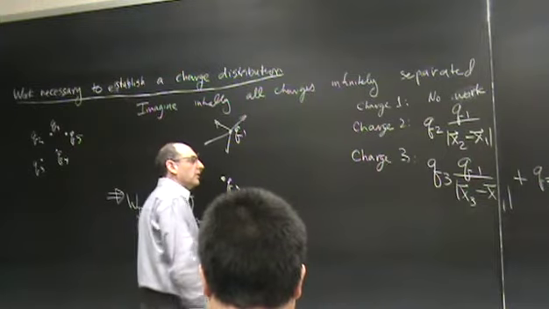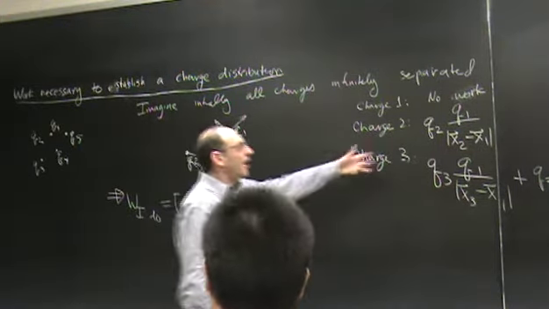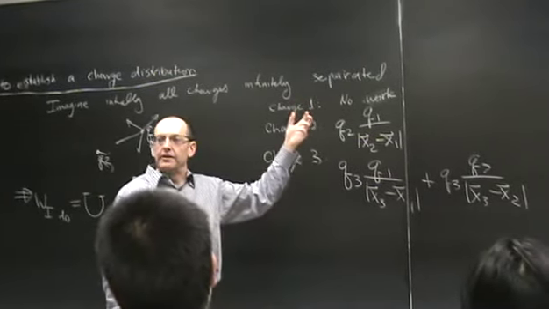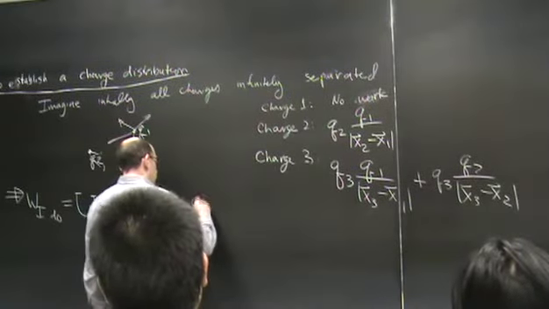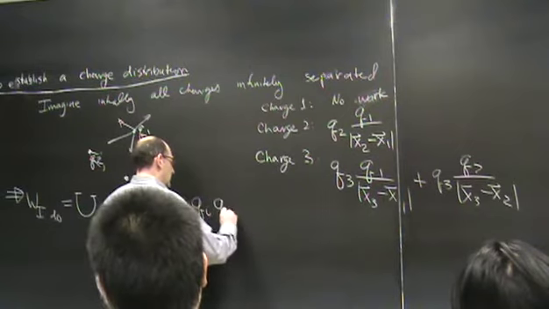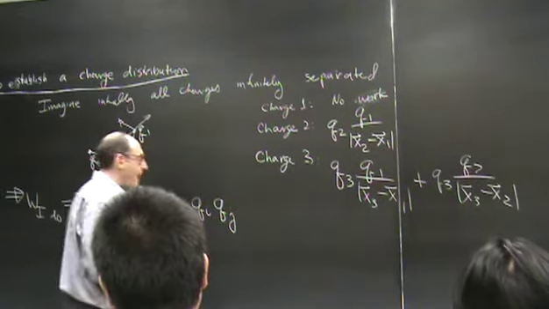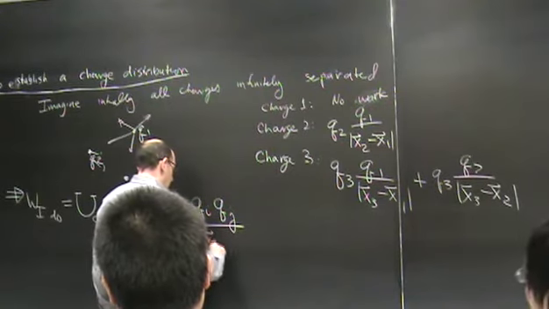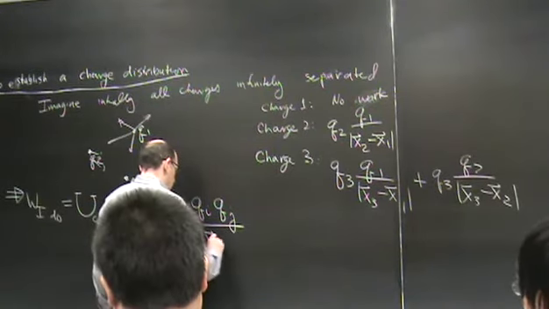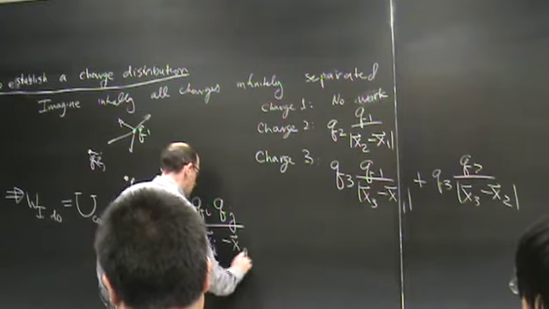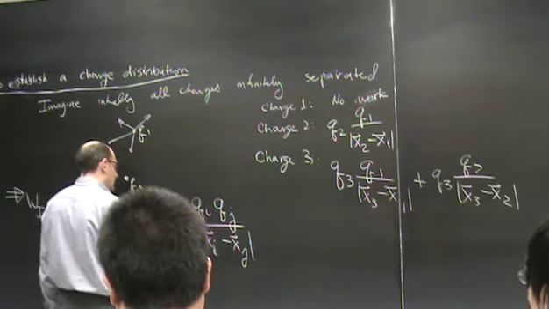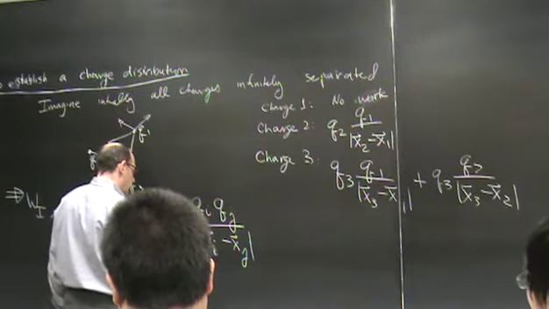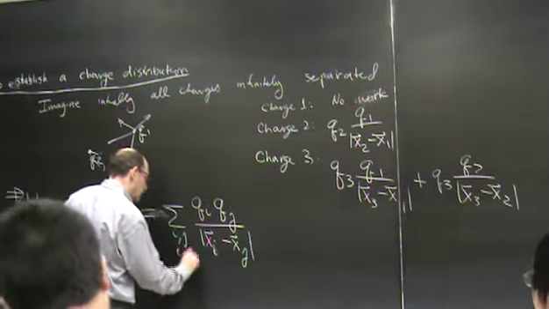It is equal to the sum over all pairs of Q_i Q_j over |x_i minus x_j|, sum over all i and j, i not equal to j.